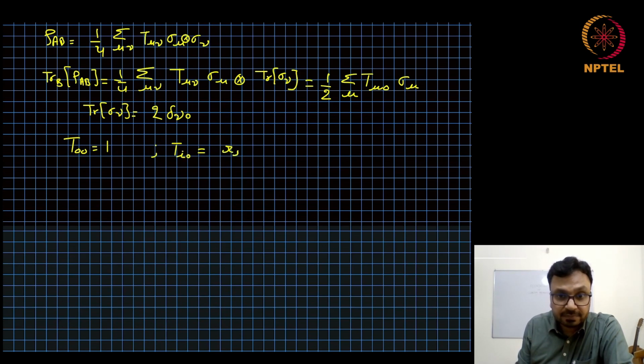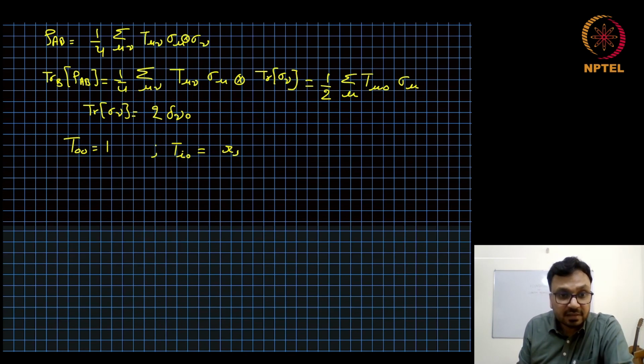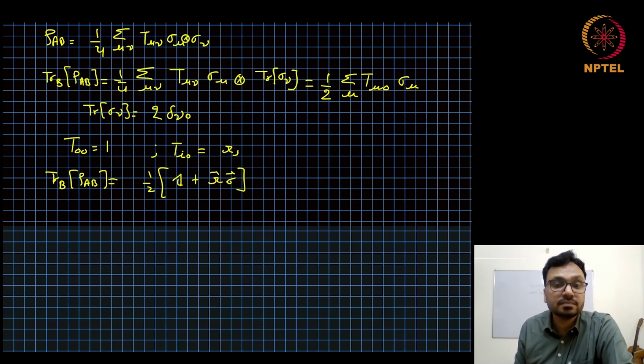Ti0 is Ri. So we have trace over B of rho AB to be 1 over 2 identity plus R vector dot sigma vector. And this is precisely rho A.